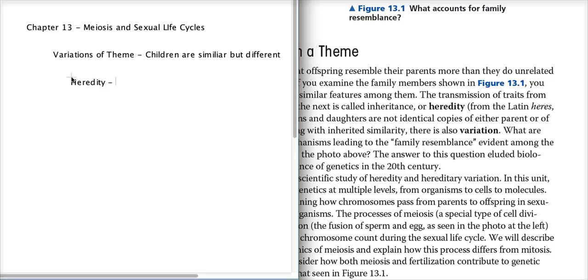Well, heredity is transmission of traits. Now transmission means what? When you transmit, you send. You're sending signals. It's a one way of passing. Okay, what? Traits. Characteristics, you know, like hair color, from one generation to another.